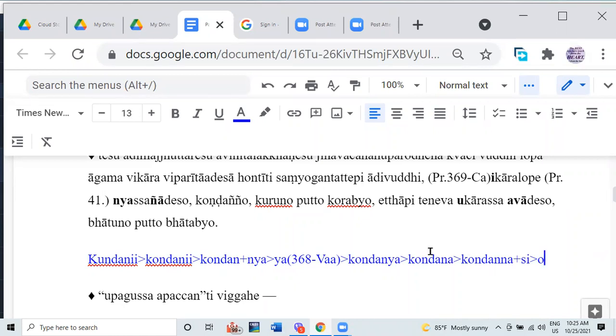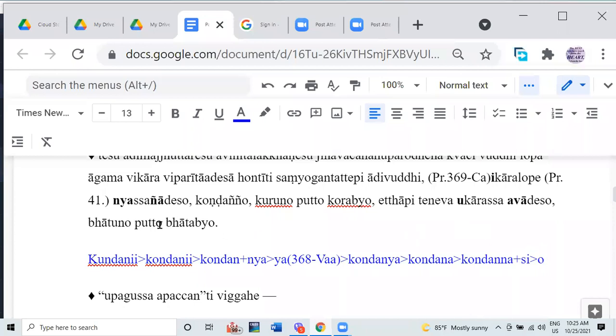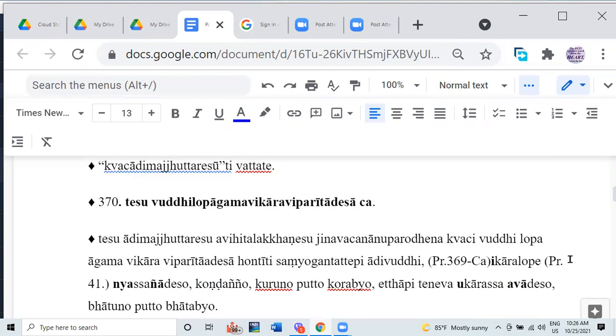So any question for this explanation? Okay. Ariodi. Ikaralope. Nyasa Nyadiso Kunenyo. Any question? So here, this is a spelling mistake, I think.